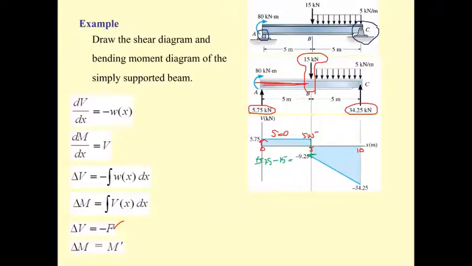And then if you move further past B, you will get the w of 5 kilonewton. So the slope here is going to be minus 5. And what is the shear here supposed to be?